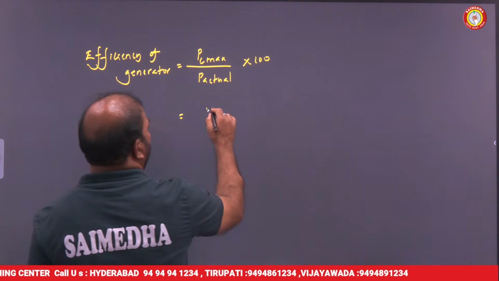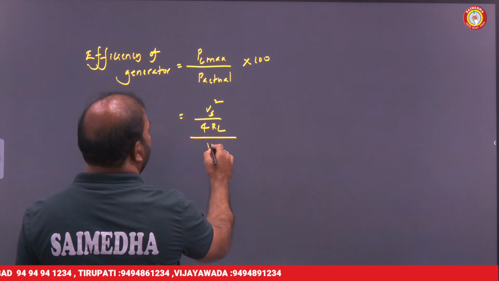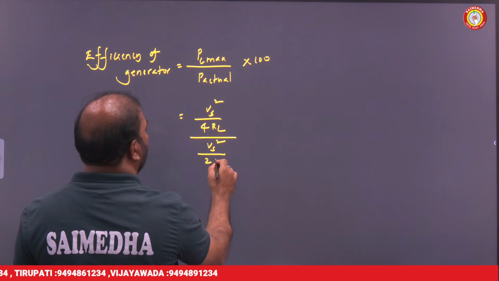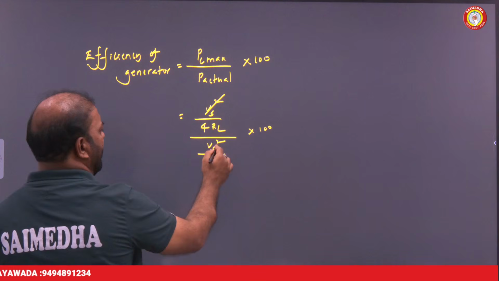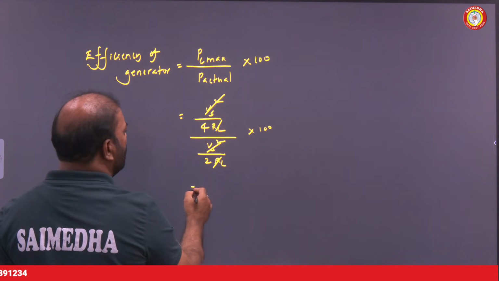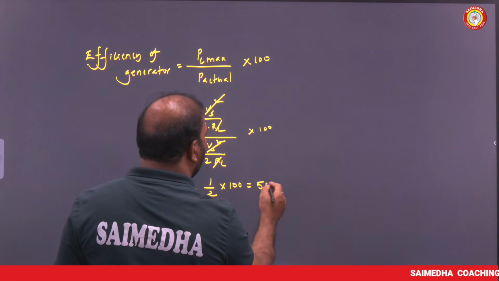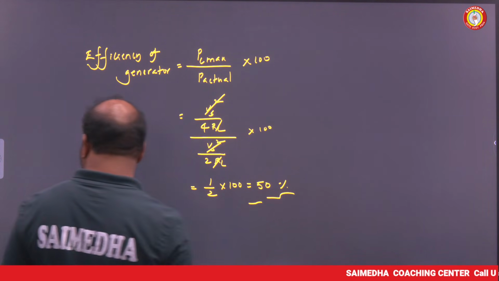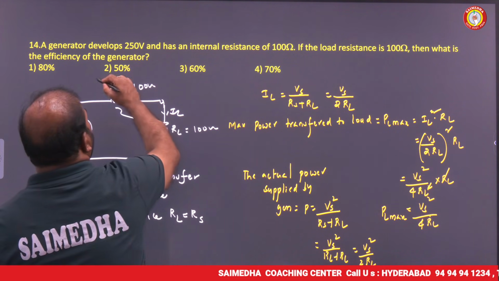PL max is Vs square by 4RL, divided by Vs square by 2RL, into 100. Vs square cancels, RL cancels, 2 by 4 means 1 by 2 into 100, which is exactly 50%. So the efficiency of the generator in this case is 50%.